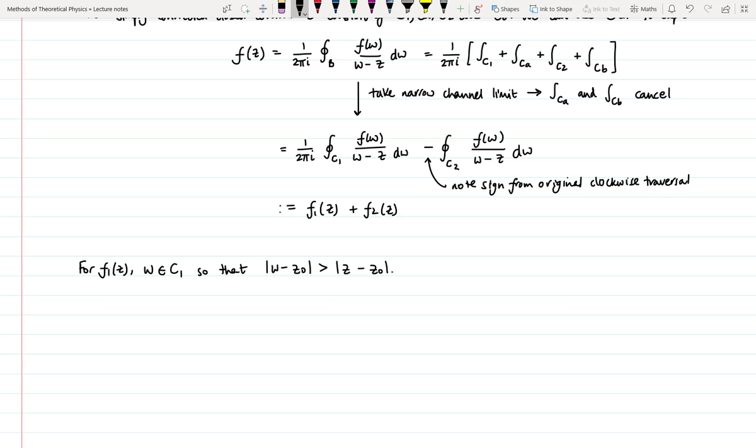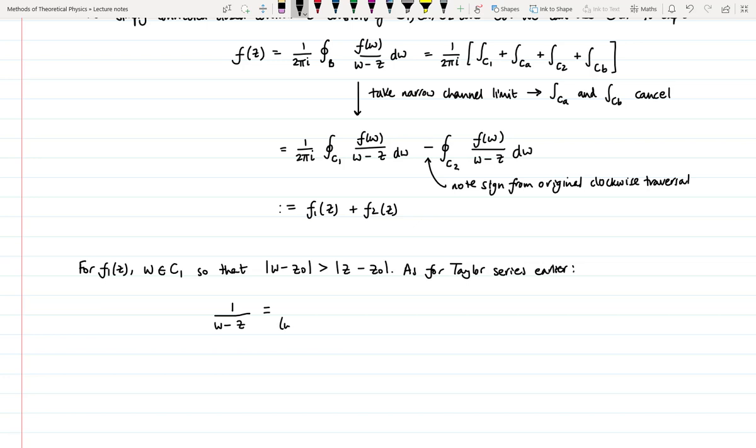We're now going to perform very similar manipulations to those we did looking at Taylor series in the previous video. As for Taylor series earlier, we're going to expand the 1 over w minus z term in the integrand. The way we do that is we're going to add and subtract the same term in the denominator.